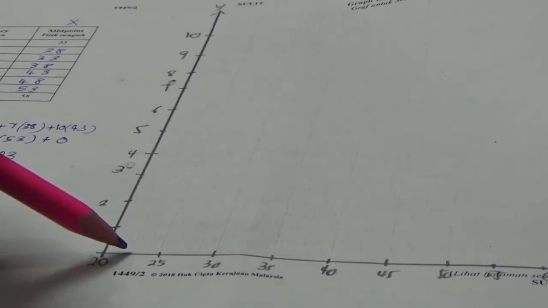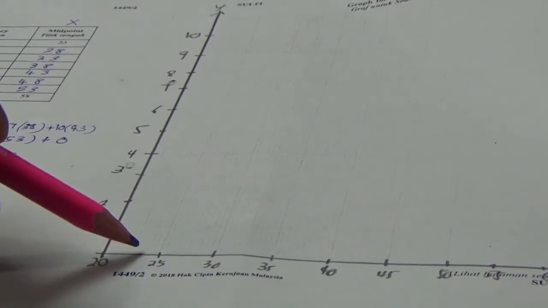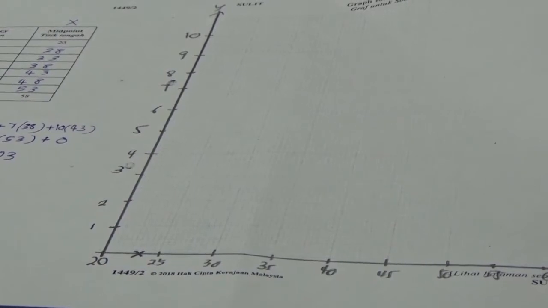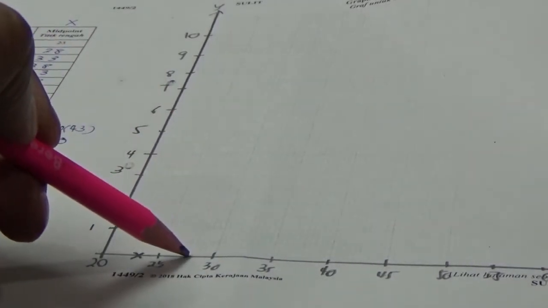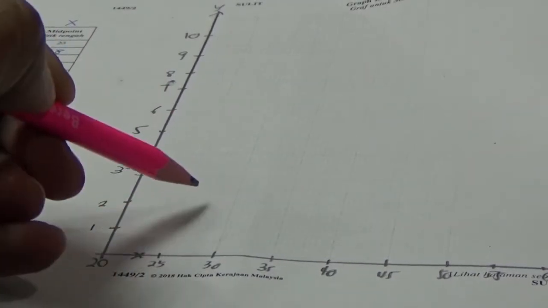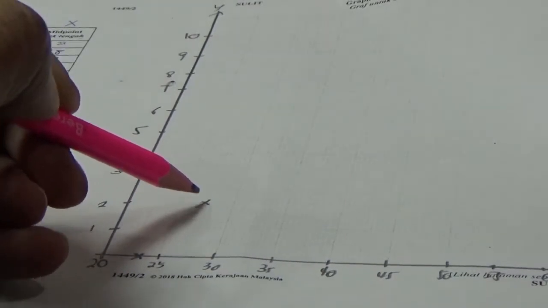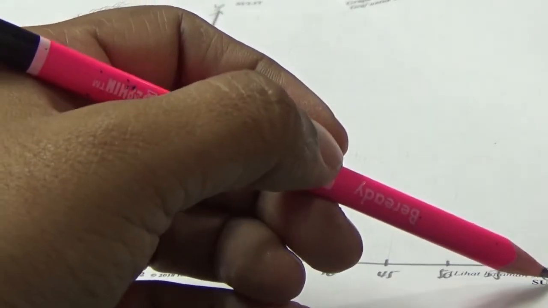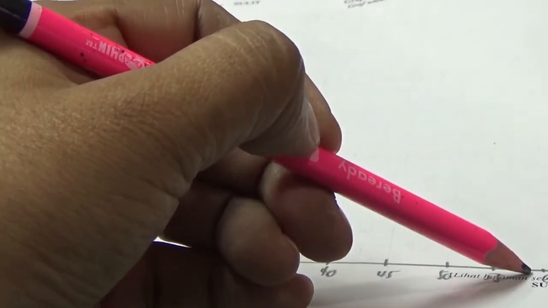So you go to 23 and that is 0. So that is your first point. When it's 28, then it is 2. So you have to plot until you reach point 58 as 0.